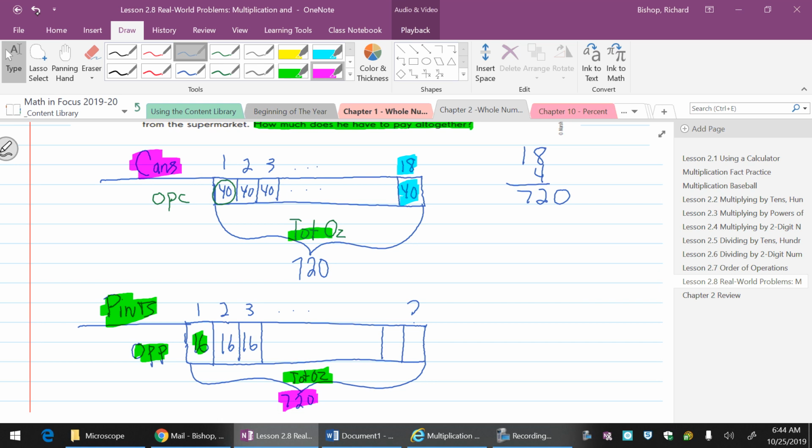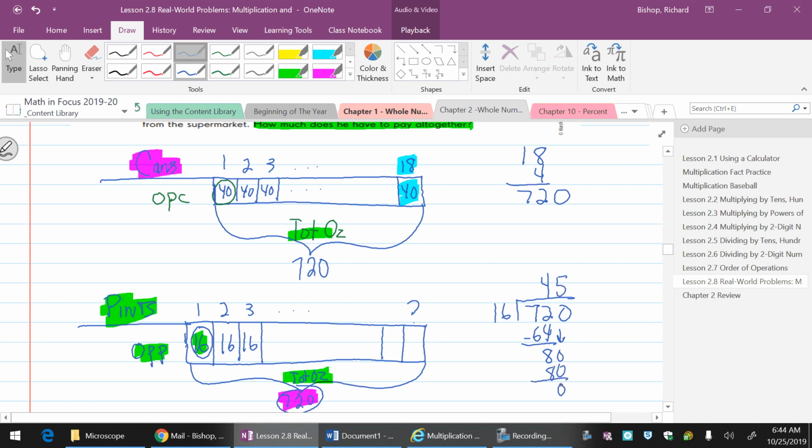And if I use my dichotomous key, it tells me the operation to use with that is division. So I divide 720 by the 16 equal units. I can use a calculator here if I need to.